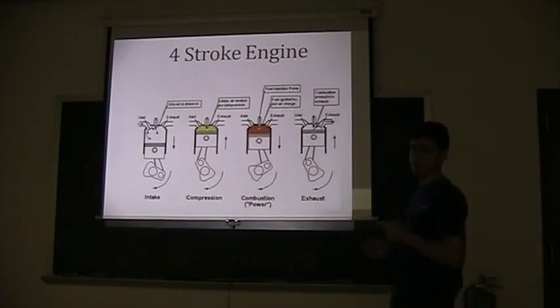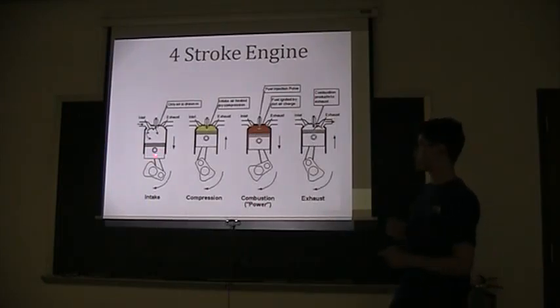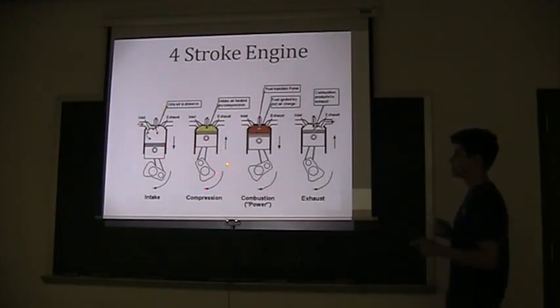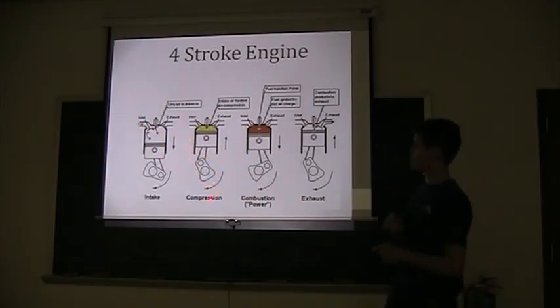So here's a little diagram of the different 4-strokes. First is the intake. Your intake port here is going to be open. The piston is moving down to bottom dead center, and this is your air-fuel mixture going into the engine. Then on the compression stroke, you're moving up towards top dead center, and your air-fuel mixture is being compressed.